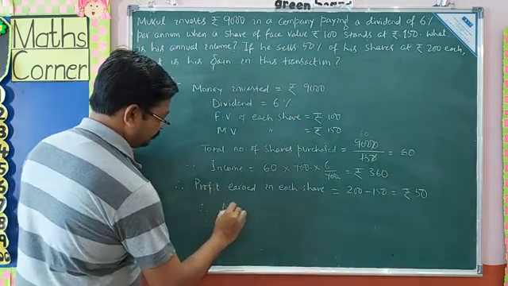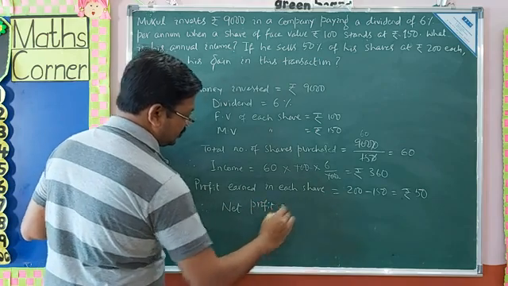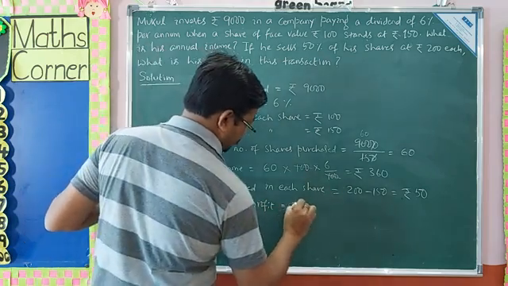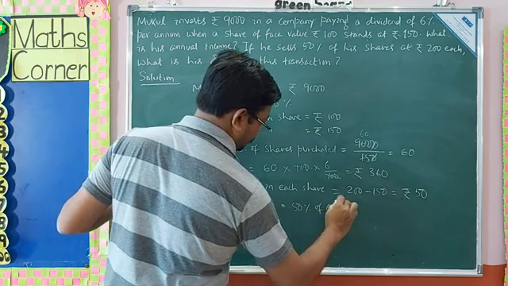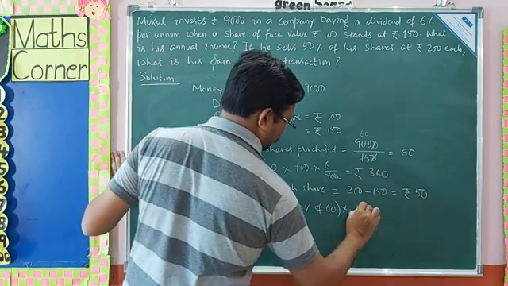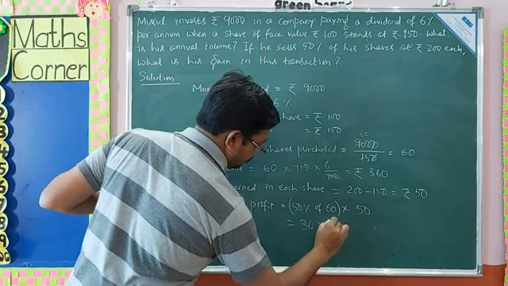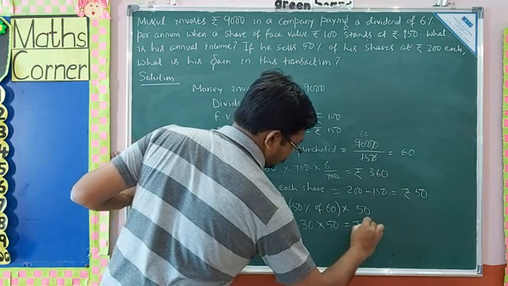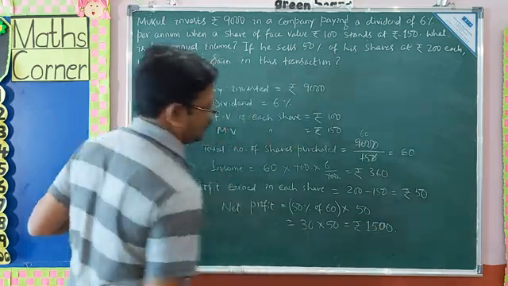Therefore, net profit is equal to 50% of 60 into 50, that is equal to 30 into 50, that is equal to rupees 1,500.